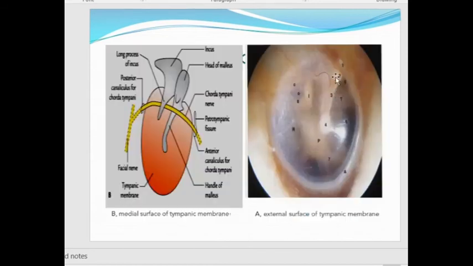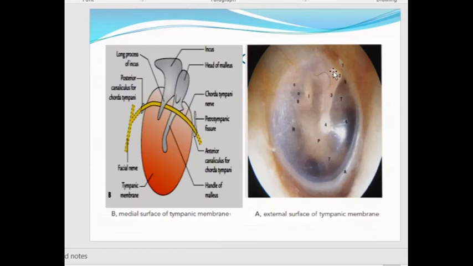If we look at the tympanic membrane, most of its surface area is related to the pars tensa. The whole surface area of the tympanic membrane is about 85 square millimeters, but the effective area that vibrates is about 55 square millimeters. In the pars tensa we have embedded part of the malleus, one of the ossicles of the middle ear.